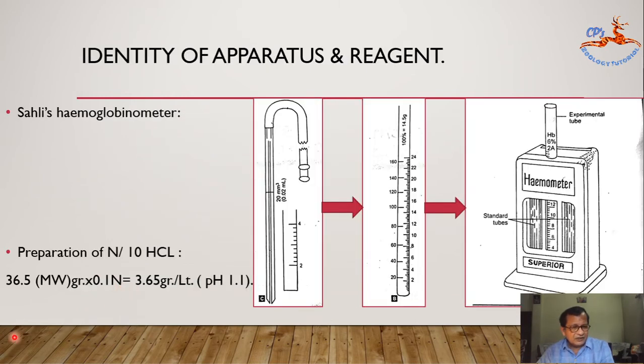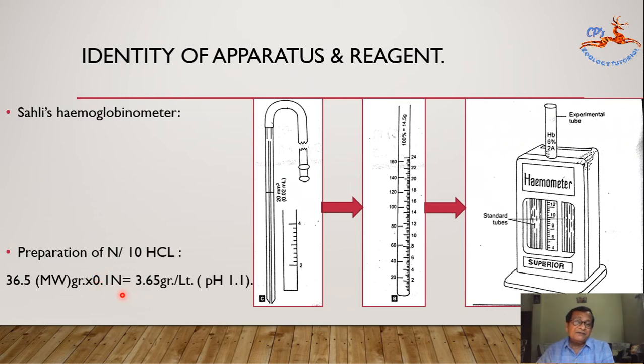The hydrochloric acid has the molecular weight 36.5, that is 35.5 plus 1. Then 3.65 gram is required to make it 1 liter by distilled water. By that means you get 0.1 normal solution.